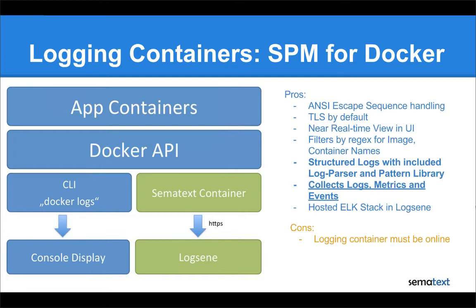The difference here to Logspout is really that we have a parser inside with a pattern library that matches many logs from standard applications. And that's a nice thing on Docker, because you have the official images, for example, official images of Elasticsearch or of Nginx.